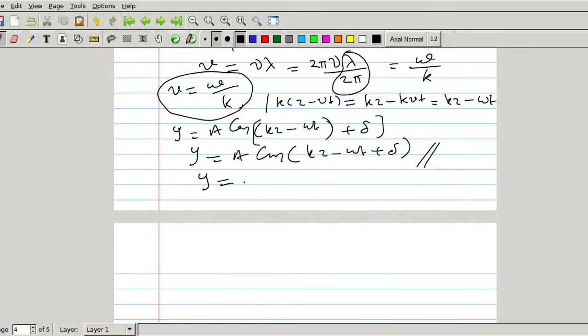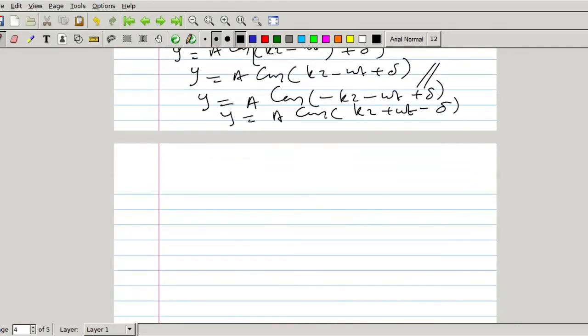In a similar way, we can write the wave propagating along the negative z direction as a cosine of minus kz minus omega t plus delta, or a cosine of kz plus omega t minus delta. Taking the minus common outside, cos of minus theta is cos theta, which is why we write it in this form.